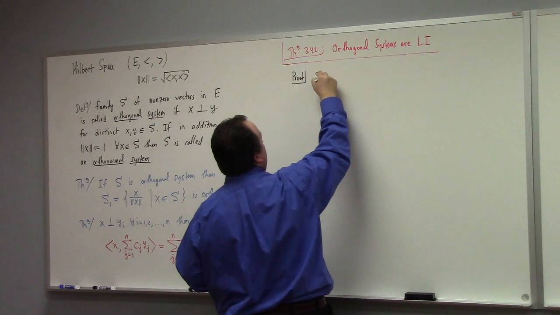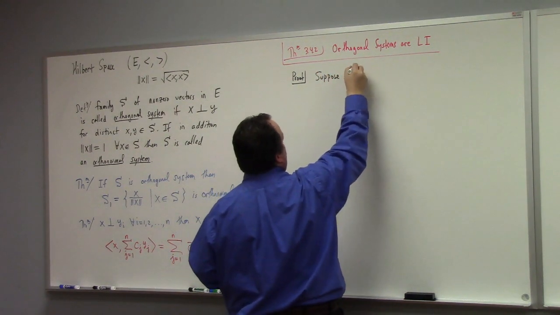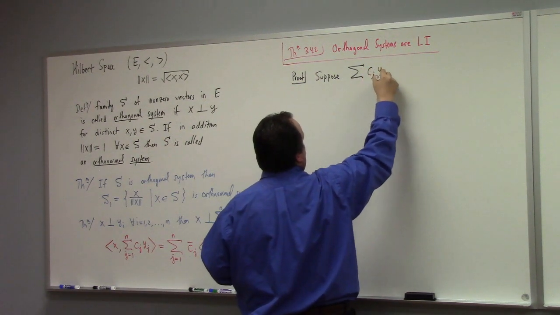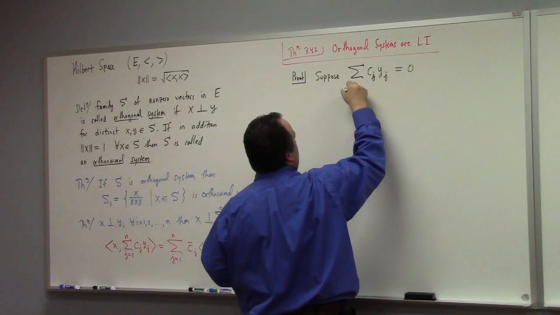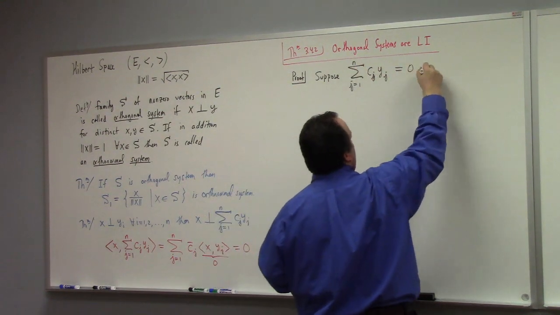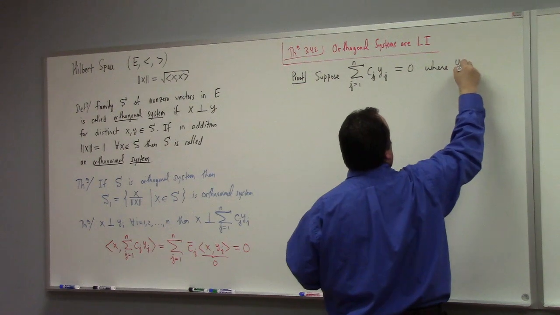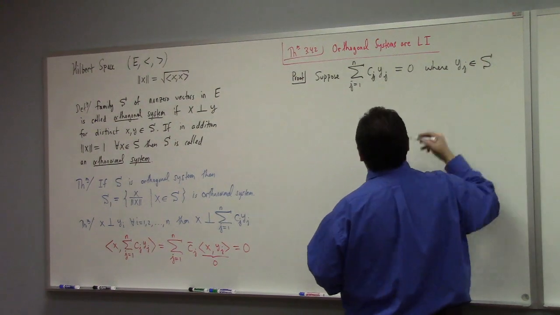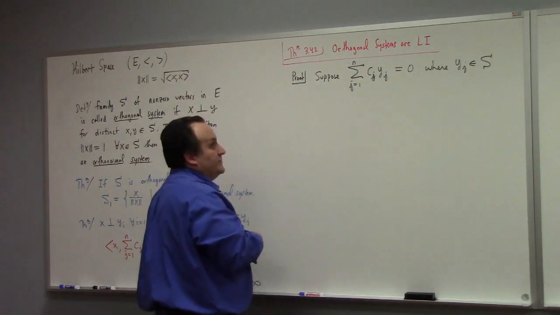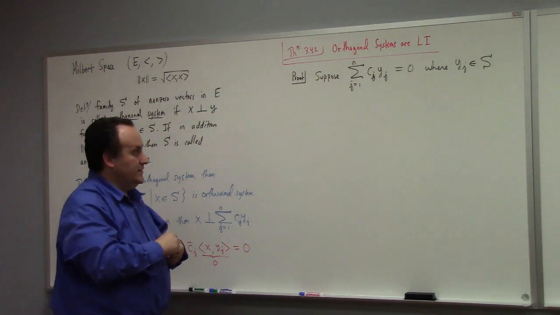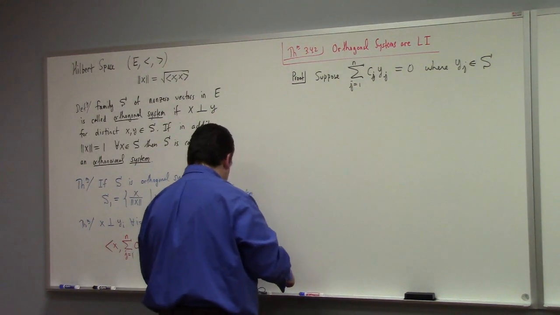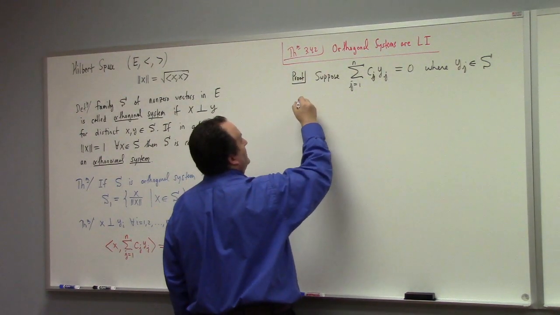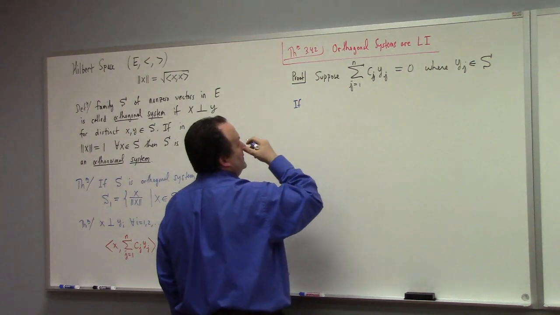So suppose you have the sum of, let's say, cj yj equals 0, j equals 1 to n, where the yj are elements of this orthogonal system S, right? Then, let's see here.